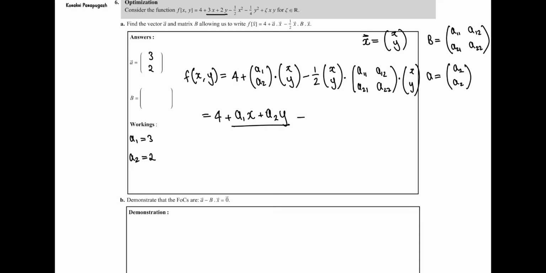So a1 is 3, a2 is equal to 2. And then this is a 2 by 2 matrix, and this would be a 2 by 1. This is also 2 by 1. We cannot multiply these two matrices for now, so we must multiply these two first.